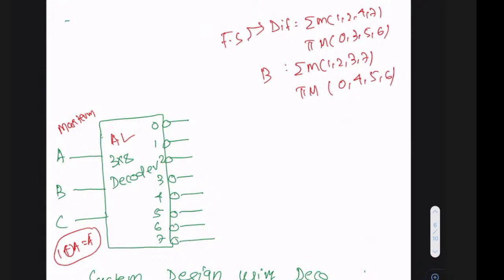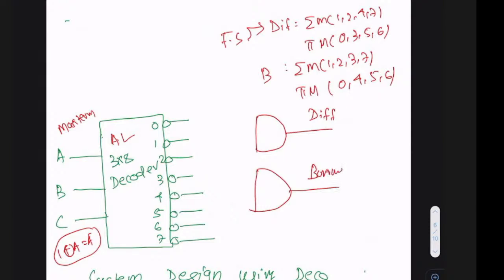Because in the case of an active low decoder, each output is a max term, we prefer the AND gates. One AND gate I will make to get the difference output, and one more AND gate to get the corresponding borrow output.